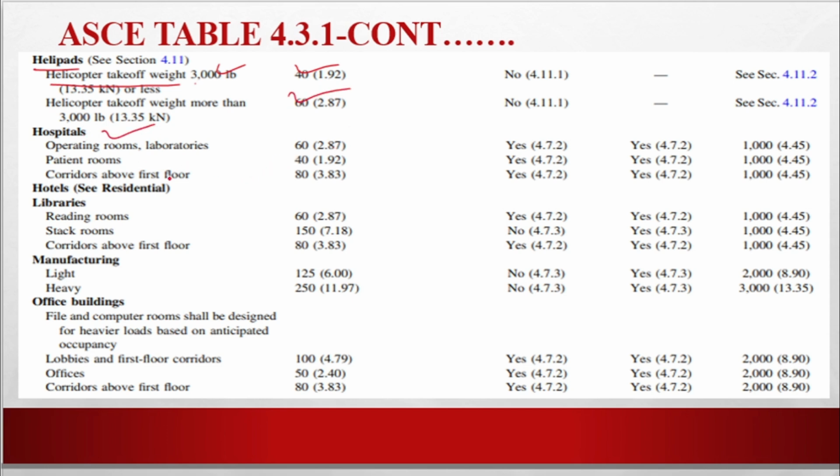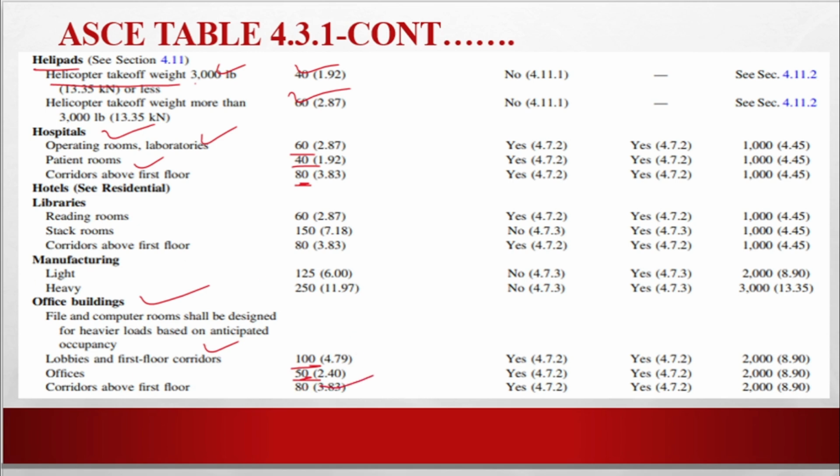Similarly, for hospitals, operating rooms 60, patient rooms 40, and for corridors, because there is heavy rush in the corridors and waiting areas, that is 80 pounds per square foot. For office buildings, lobbies and first floor corridors are 100, offices 50, and corridors above the first floor will be 80.